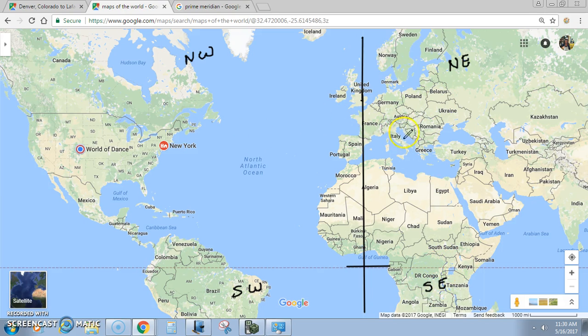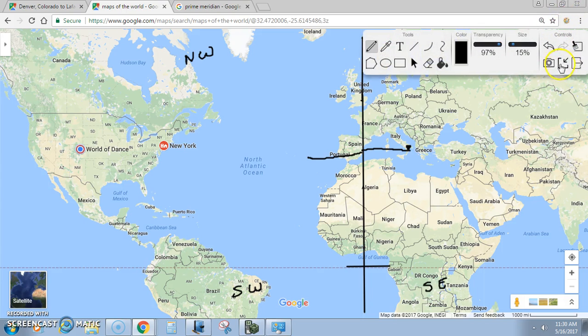So it's really important if you got a city over here, say in Italy, when you're finding the distance, you have to find the distance not only to the prime meridian, but then add on the distance to somewhere else to get the total distance between two things. So you might want to take a look back at what you did and make sure if your cities were not in the same quadrant that you did your distances correctly, okay?